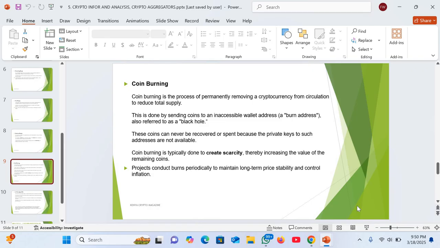So coin banning is typically done to create scarcity. I've already mentioned that. And once they are banned, the value of those cryptocurrencies usually tends to increase. It is done periodically over a period of time.